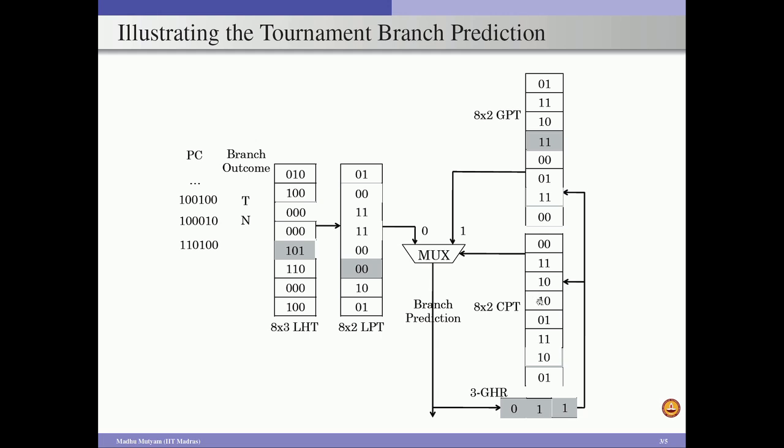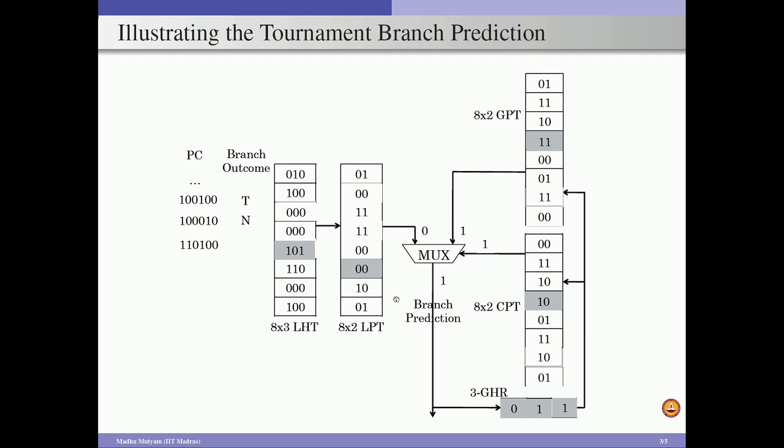For any entry in the CPT, if the value is either 2 or 3, we have to go by the global prediction decision. If it is 0 or 1, we have to go by the decision of the local prediction. Since the value is 2, we will take the decision based on the global prediction, and this is what we are going to predict. So, effectively we predict that the branch is going to take place for this branch instruction.